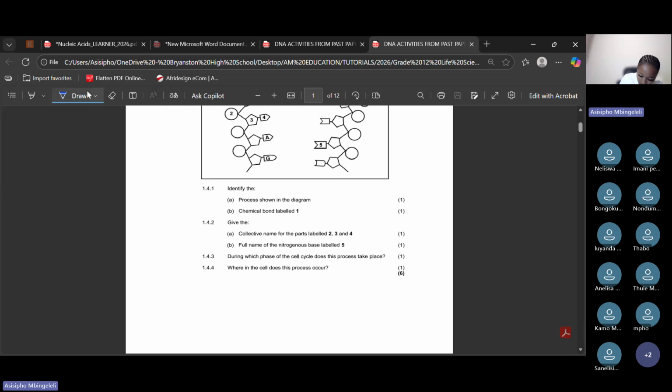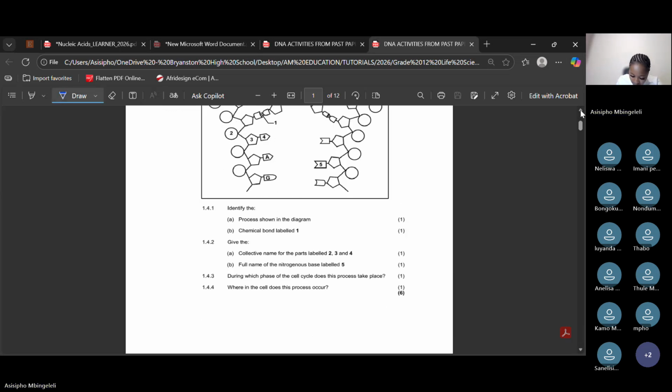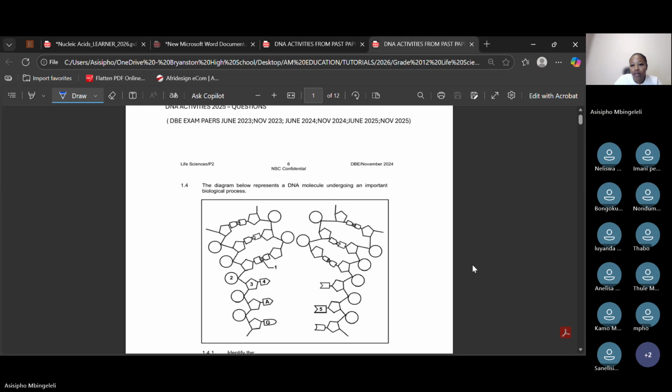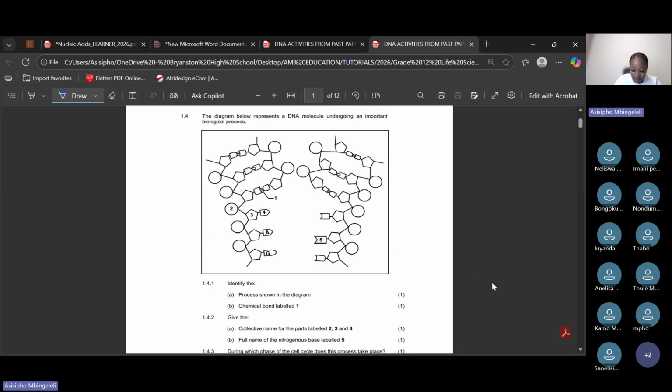Okay, we are able to see the template strand here, a complementary strand. So the process shown in the diagram is DNA replication.